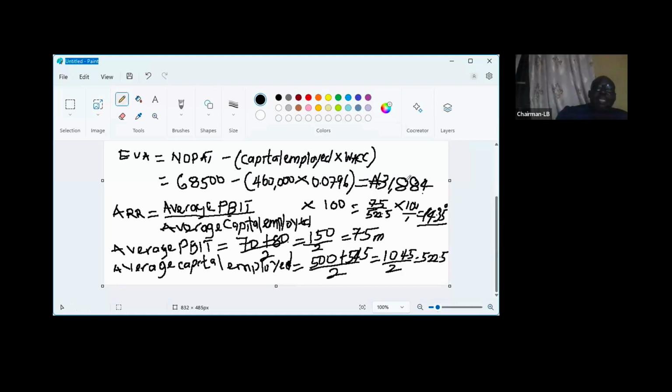This working is to support or to explain what you have there.